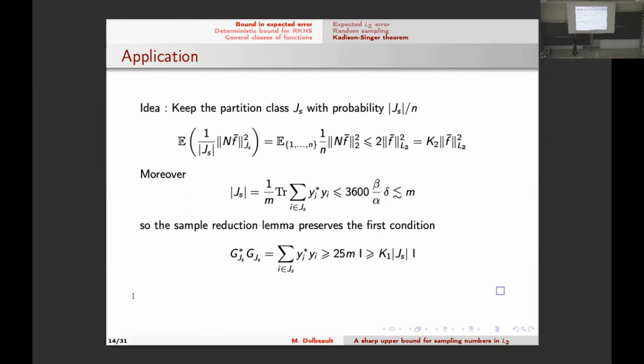Here, the yi were just the lines of G. So I had G star G, which was close to the identity in the beginning, and what I say is that it remains close to the identity after subsampling. Having it close to the identity means the smallest eigenvalue is bounded away from zero, which is my stability condition.